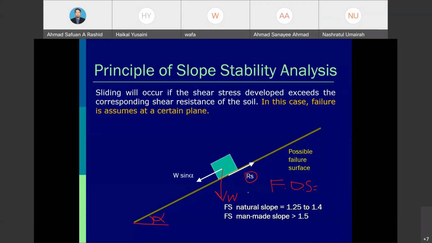For the man-made slope, where we have disturbed or done some trimming, we need to make sure that the factor of safety is greater than 1.5. That is the specification usually used in Malaysia, under the public work department or any authority.